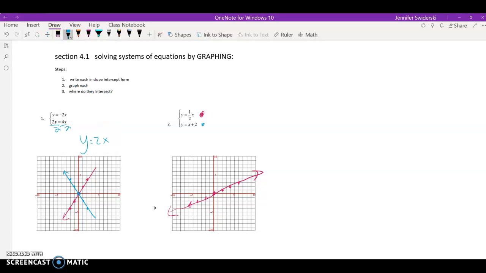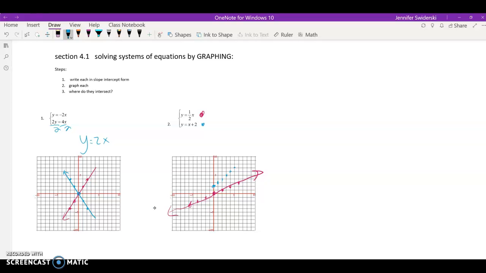Notice how my y-intercept is at 2. I'm going to go up 1 over 1. Looks like my points are getting farther and farther away from the pink. So now what I'm going to do, the opposite of up 1 over 1, is to go down 1 to the left 1.